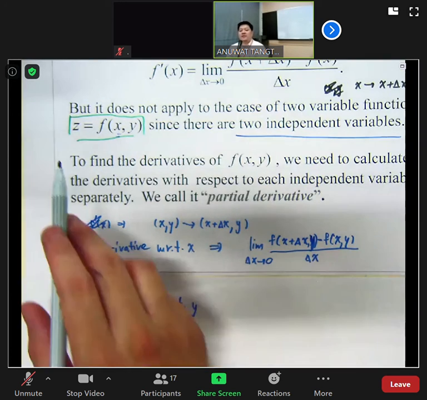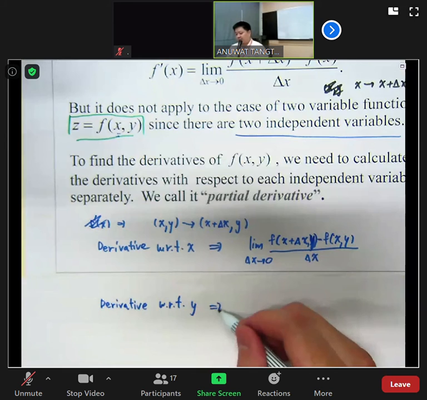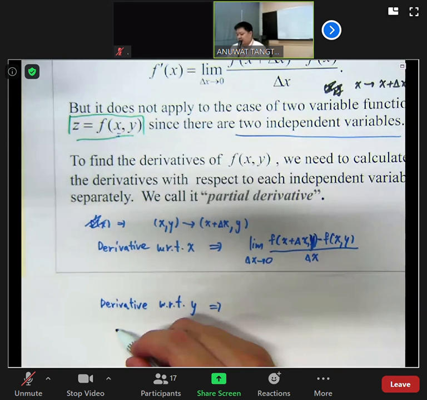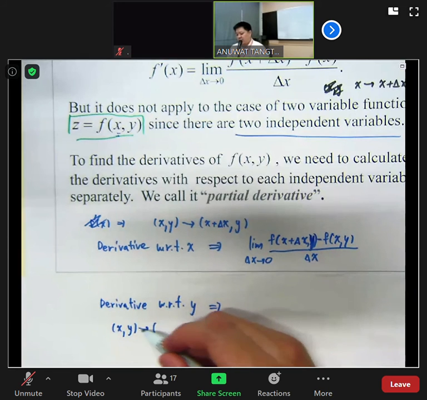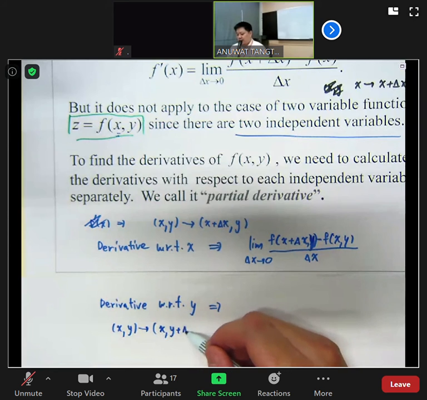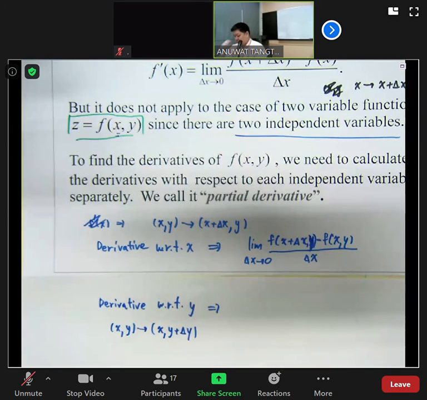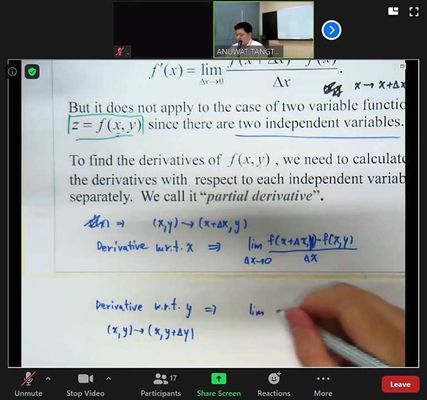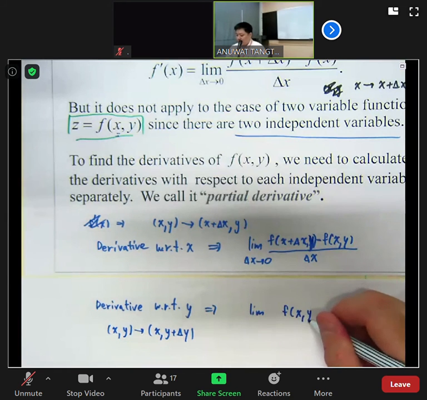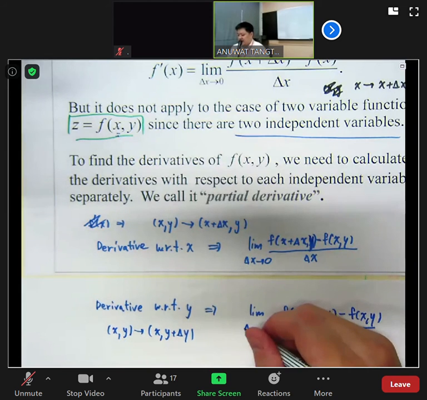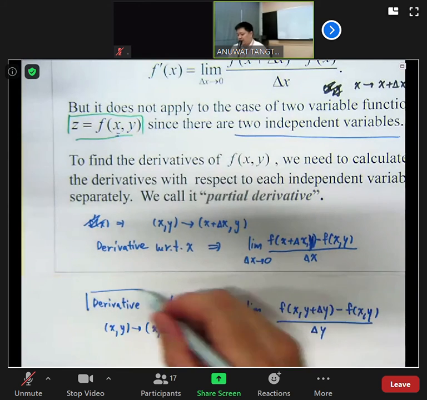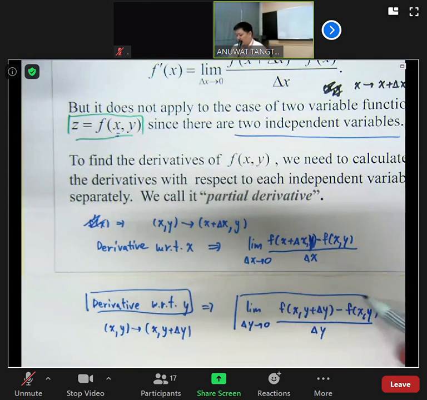In that case, we let x stay the same and let y be changed by delta y units. By definition, the end point would be f(x, y plus delta y) minus f at the beginning, divided by delta y, and we let this change be small. That is the concept of the derivative with respect to y.